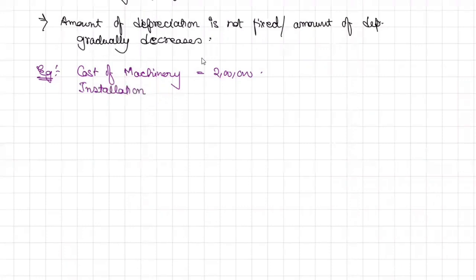Installation cost, say it's 20,000. Rate of depreciation, I'll keep it simple for calculation, is 10% per annum.